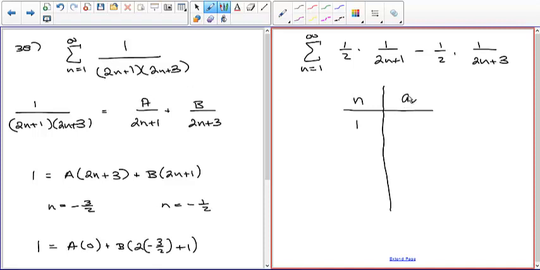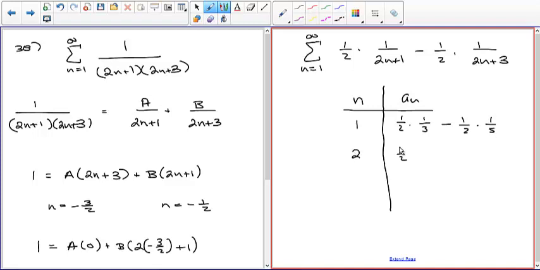So here's a sub n. You're going to end up with 1/2 times 1 over 3, so 1/3, and then you subtract 1/2 times, when you plug 1 in, 2 plus 3, which is 5. So you get 1/5. That's the first term.